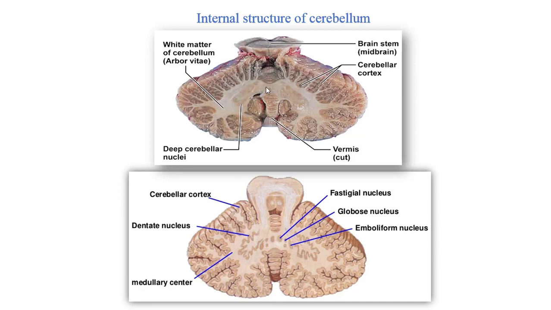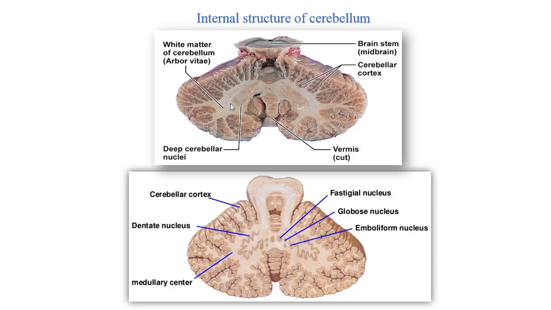So, as I mentioned previously, the cerebellar cortex consists of numerous narrow leaf-like laminae known as the cerebellar folia. The medullary core of white matter has a complex branching system, and together with the tree-like appearance of laminae and folia, it has been given the descriptive term arbor vitae, the tree of life.